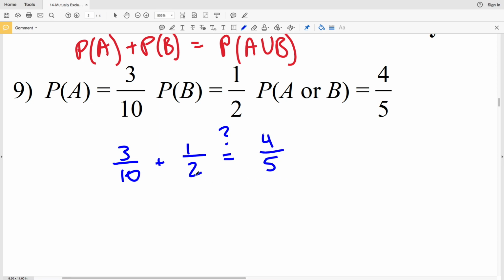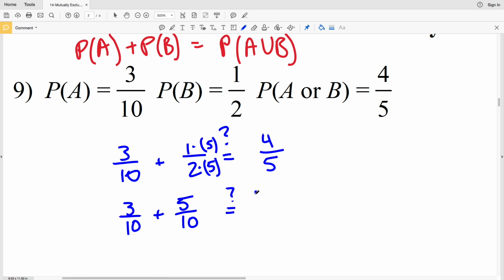Well, in order to add fractions, I need a common denominator. So I'm going to multiply 1 by 5 and 2 by 5, simply multiplying by 1. So I'm not changing the value of 1/2, but I'm putting it in terms of 10 in the denominator. So I'll have 3/10 plus 5/10.